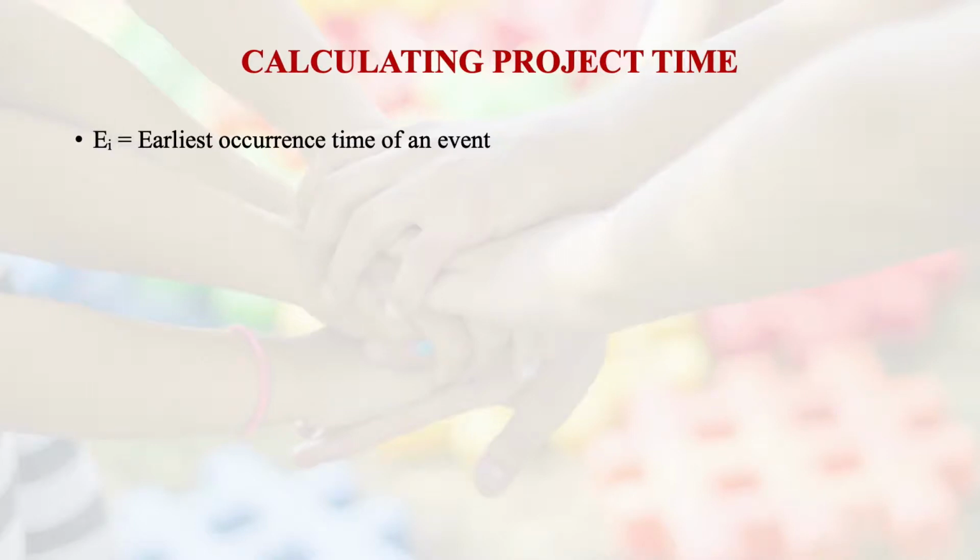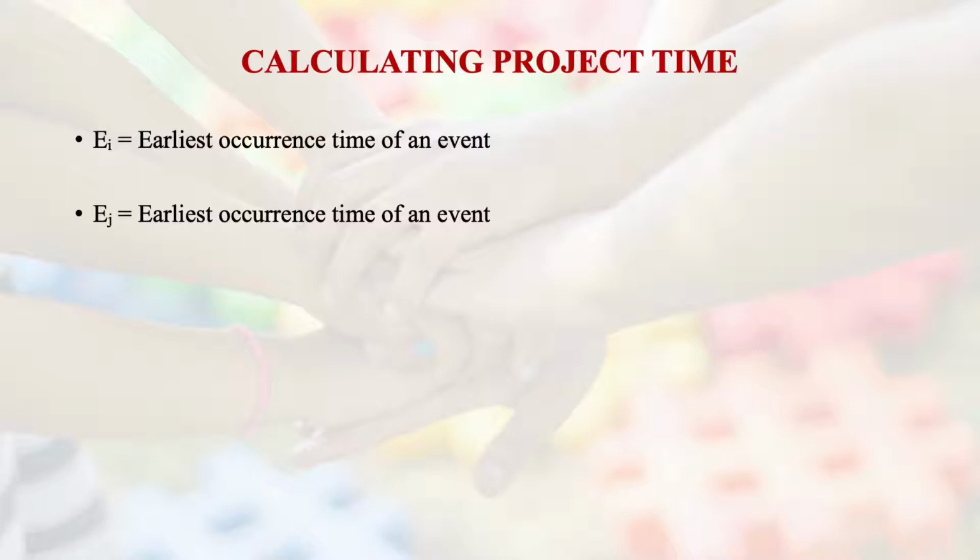The first one is EI, which is the earliest occurrence time of an event. So it is the earliest completion of a particular event. Then EJ is the earliest occurrence time of another event.